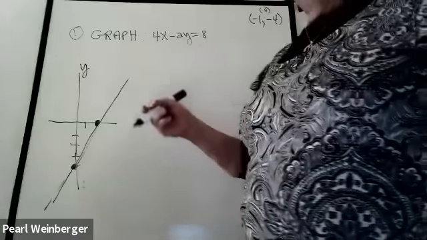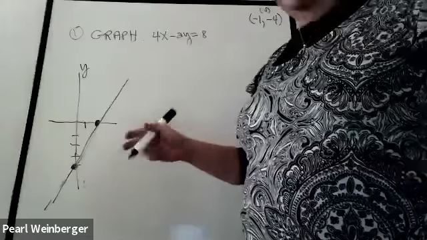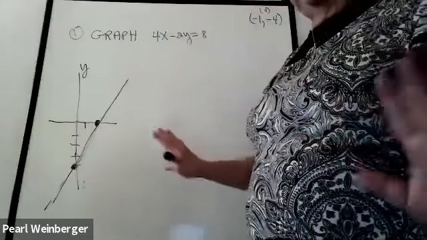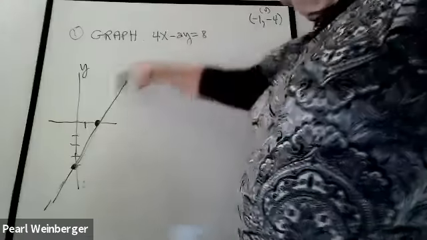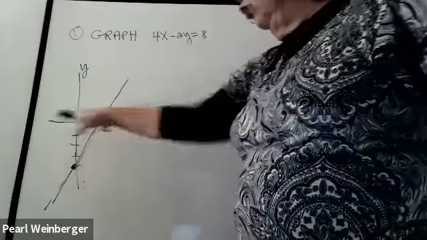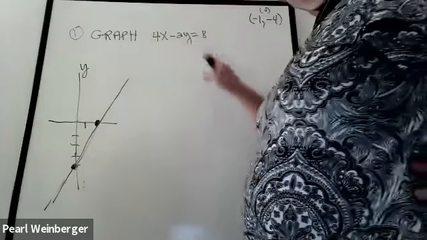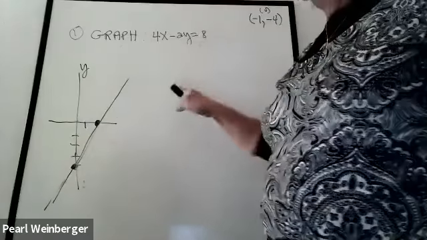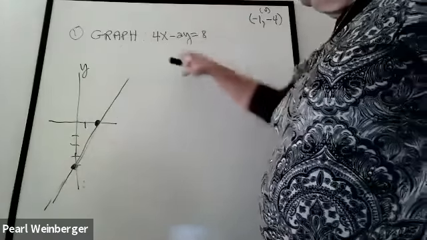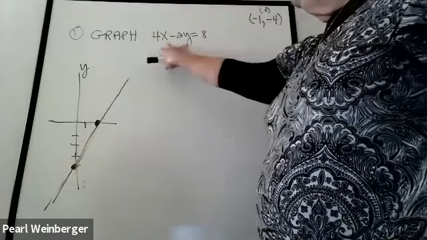If I had asked you what is the slope of this line, I didn't ask you to graph it, I just asked you what the slope is. I could have done it this way by drawing the graph, but I could have also done it by putting the equation in the slope-intercept form. In other words, solving for y.